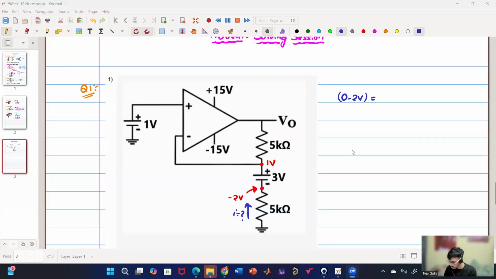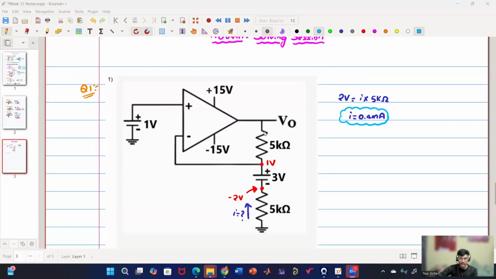Sorry, 0 minus minus 2 volt, so it will be 2 volt. So the voltage across the resistance is 2 volt, which equals current into resistance, which is 5 kilo ohm. So what is the value of I? 0.4, right? 0.4 milliampere, sorry. You have multiplied both and also missed the kilo term. Yes. So now the current through the bottom 5 kilo ohm resistor is 0.4 milliampere.